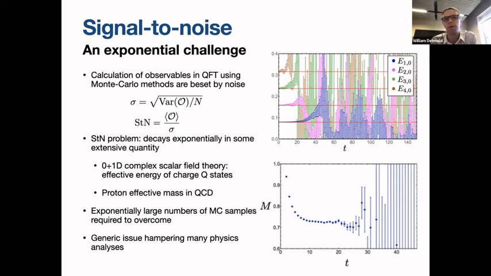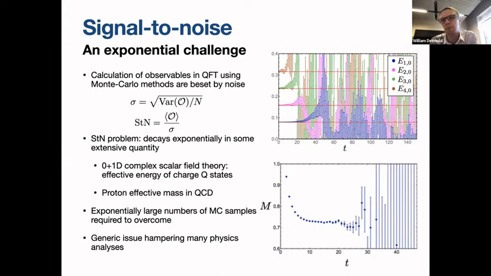And this is really just because there is this signal to noise problem. Another thing you note is the error bars start deviating from the actual expected values, which are the red lines here.